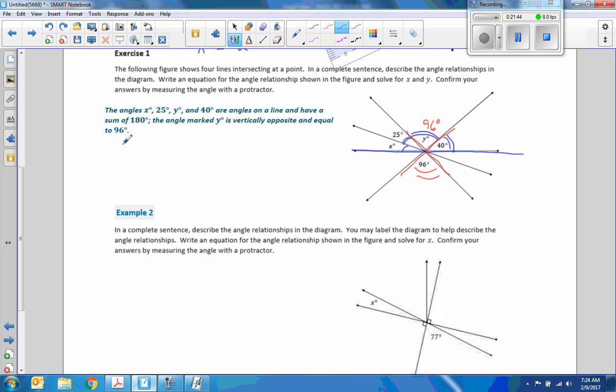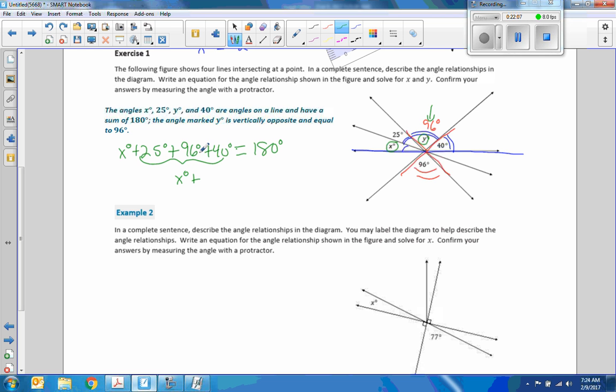So now I'm going to set up my equation, and I'm going to say x degrees plus 25 degrees plus y degrees, but I don't want to use the y because I have an x already. We can't have two variables, but we know y is 96, so I'm going to substitute that in for y, plus 40 degrees equals 180 degrees. Combine like terms, which are all my constants.